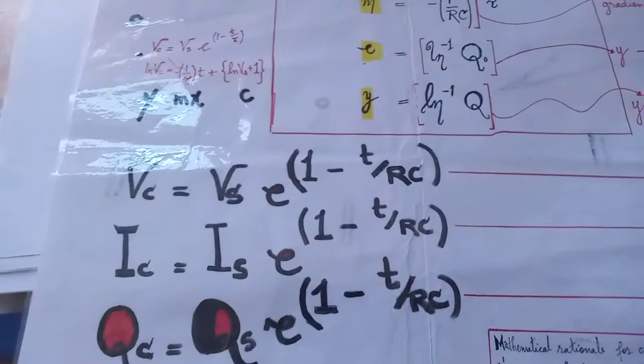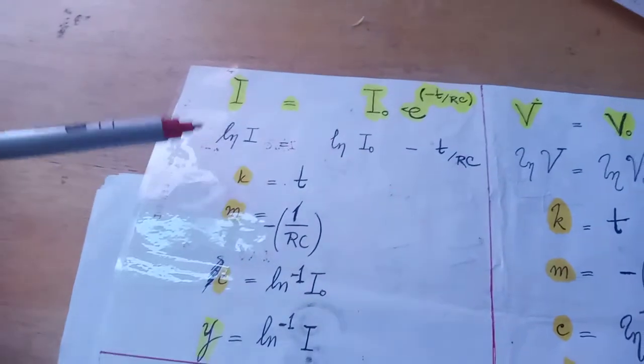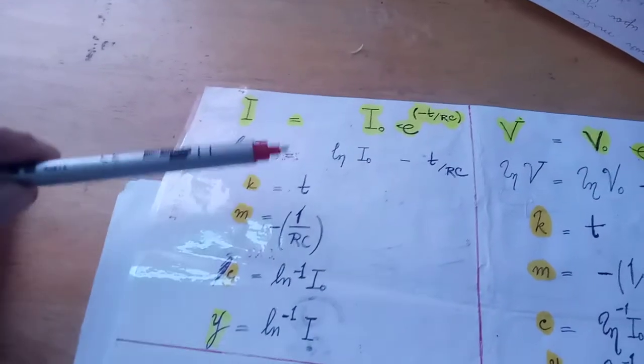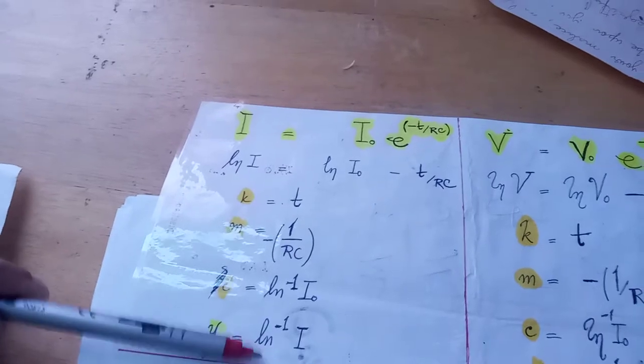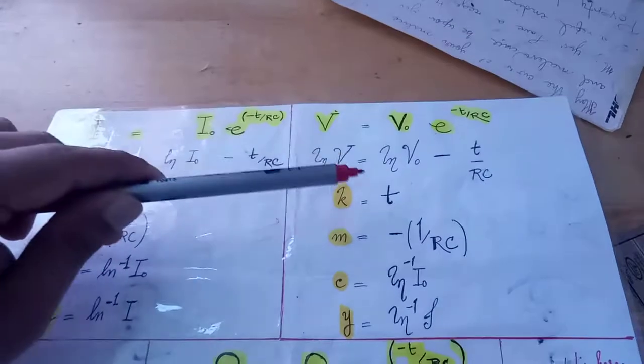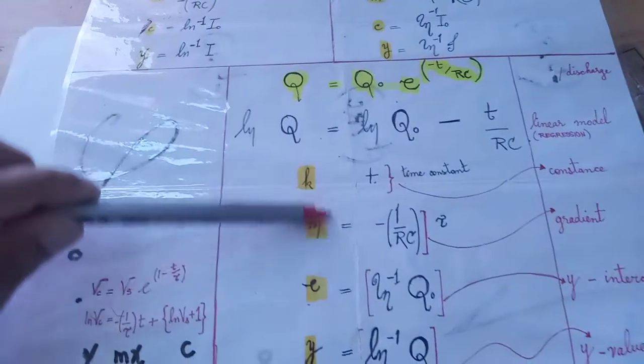Like every exponential equation graphical analysis, you have to linearize the equations. This is how you linearize the current when you're calculating the current accumulation or discharge, and the voltage discharge, and then you'd come to the discharge of the charge.